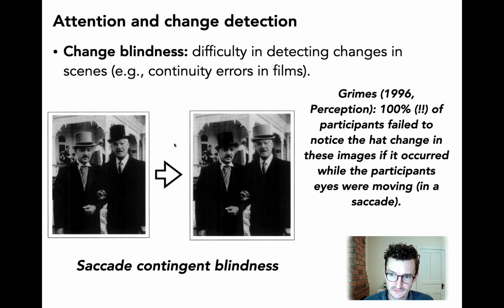So this is a really strong demonstration, right, that if you're not attending to your world, in this case because your eyes are moving, you miss somewhat dramatic changes in things that are happening in your world.